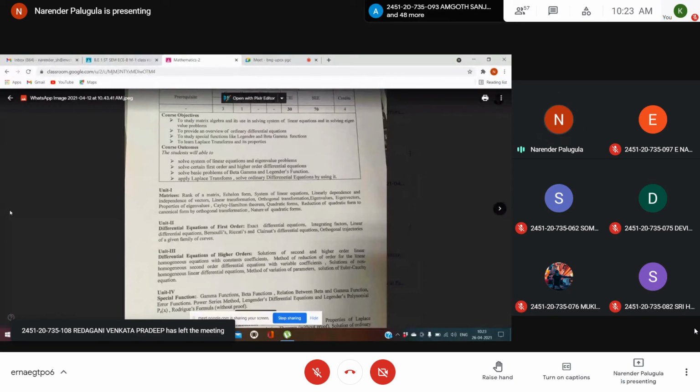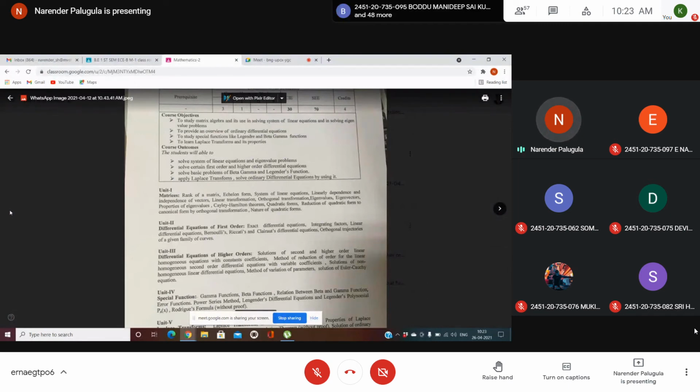It is also a very important topic. Using the Laplace transform, any type of differential equation can be transformed into an algebraic equation.